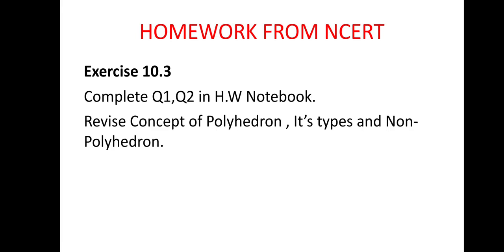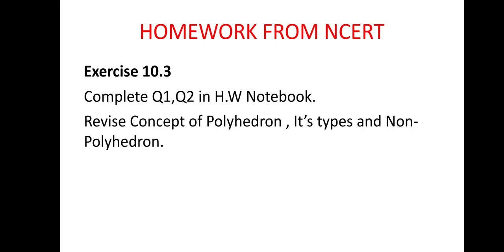After that we studied irregular polyhedrons, or not regular polyhedrons. The polyhedrons that are not made up of regular polygons are known as irregular polyhedrons. The other name of polyhedron is polyhedra. And what about non-polyhedrons?